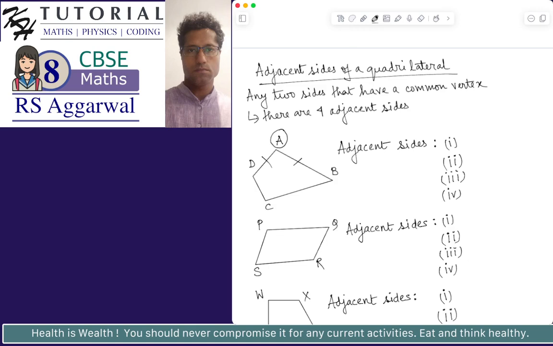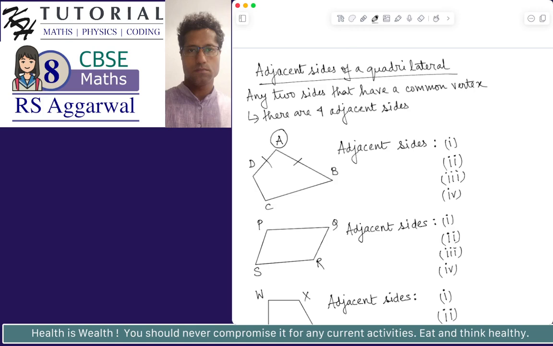Okay. Now, if I try to visually mark adjacent sides on the quadrilateral, it will be a mess. So I'm not doing anything on the diagrams. I'm directly writing the pairs of adjacent sides.